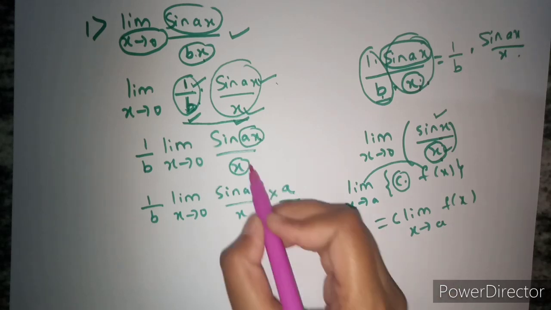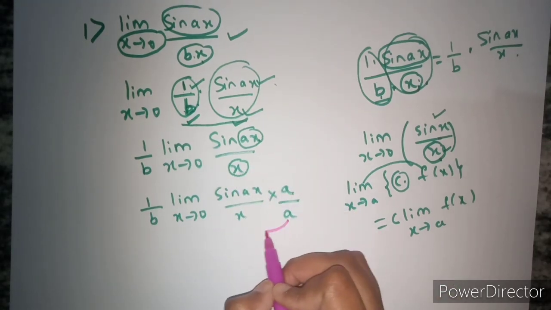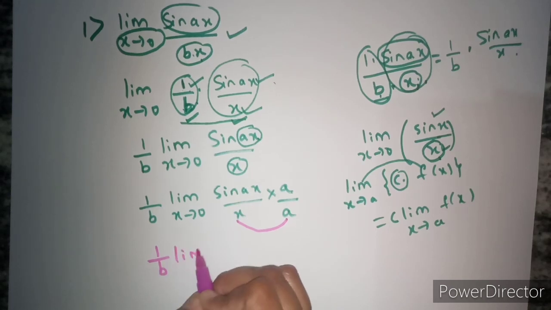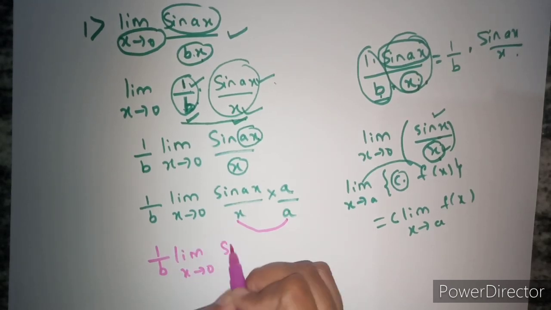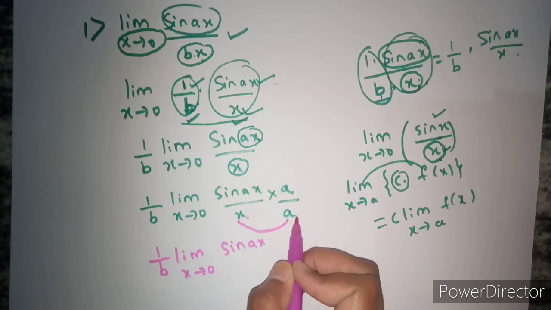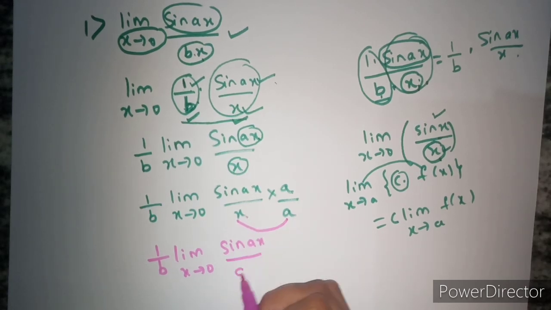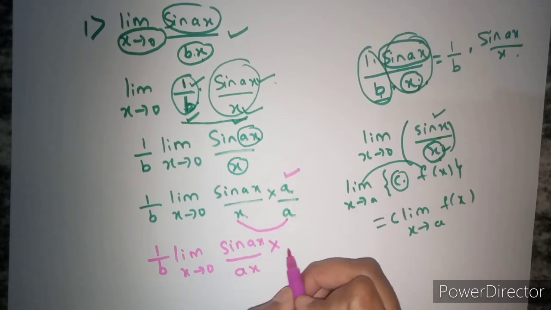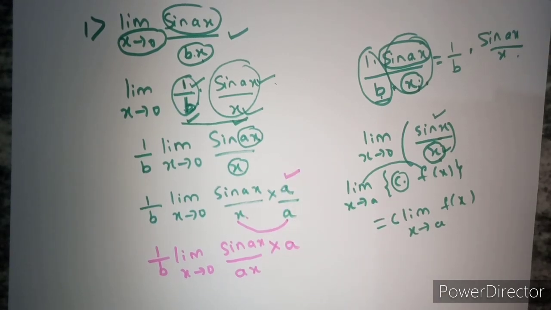So we need ax here, right? So 1 by b limit x tends to 0 sin ax by x into a, or a into x. So I am multiplying a into x, okay? And what is remaining here? A is remaining here.